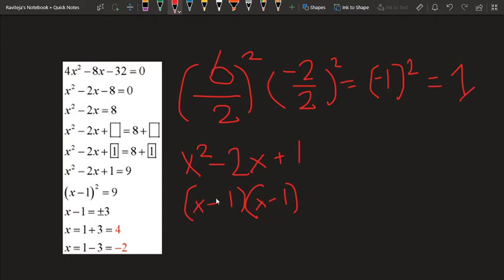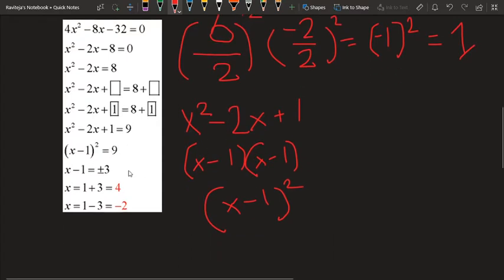Both are parentheses x minus 1 parentheses, so you can just make that into x minus 1 squared. And that is how we get this x minus 1 squared over here. So that's how we get all the way to this step, and it results in parentheses x minus 1 squared equals 9.